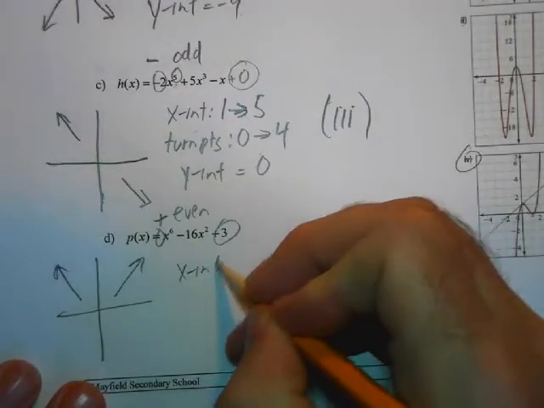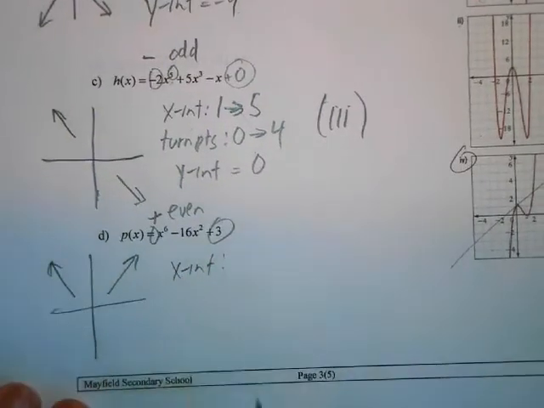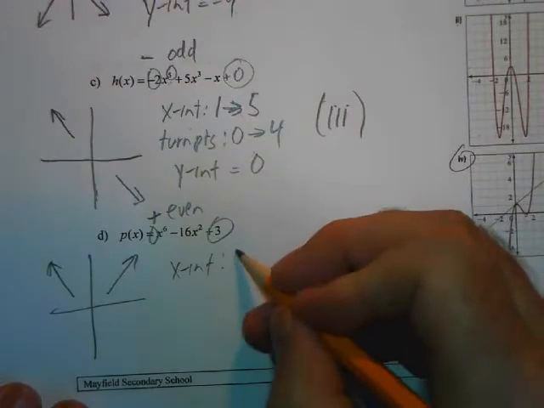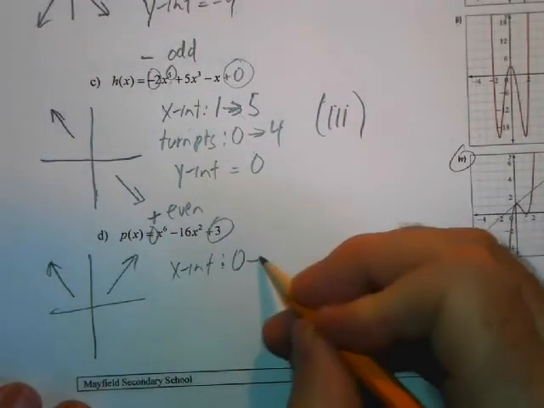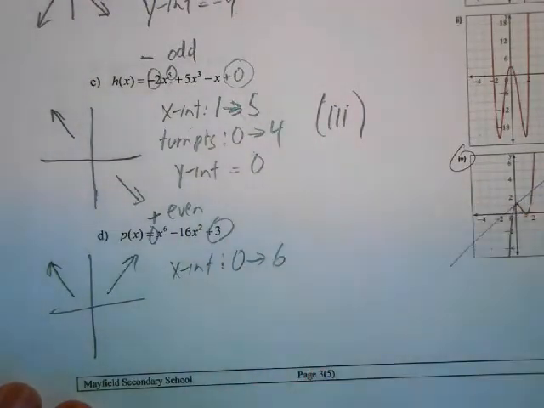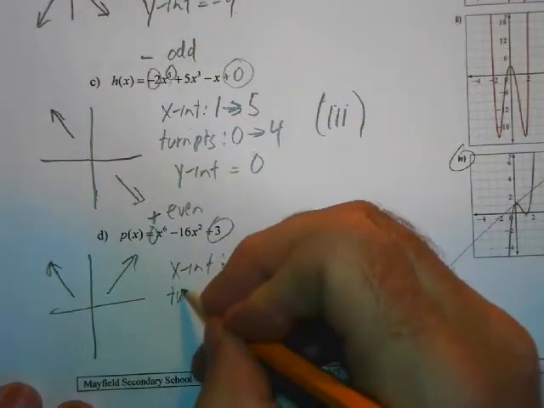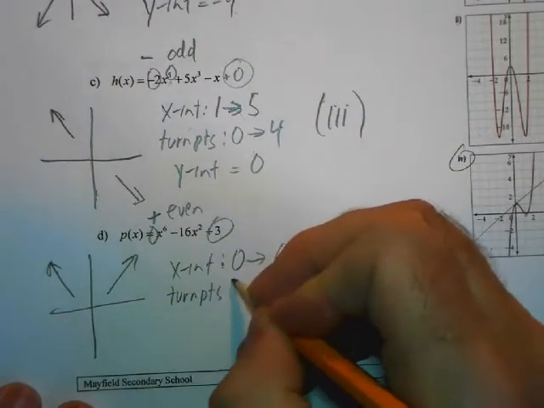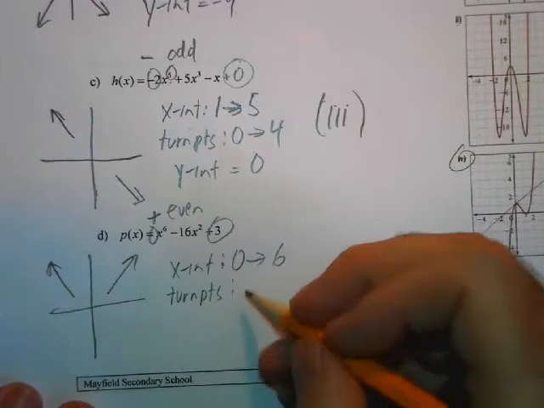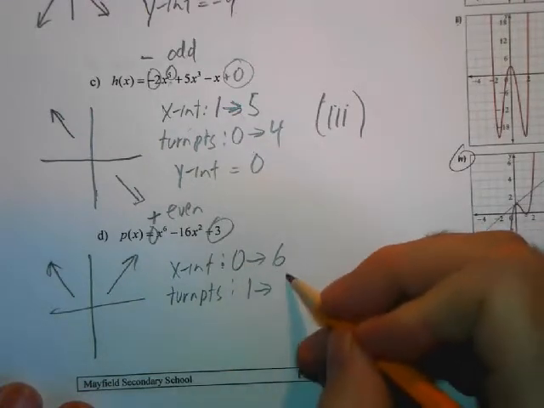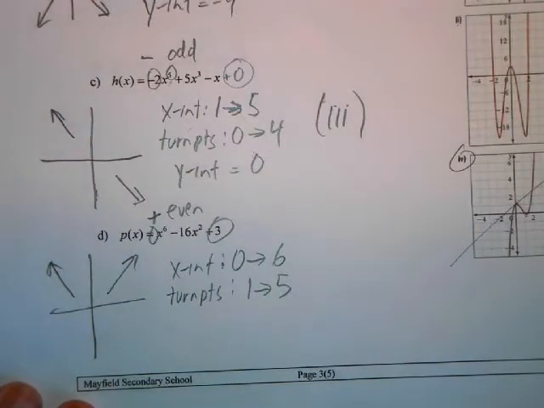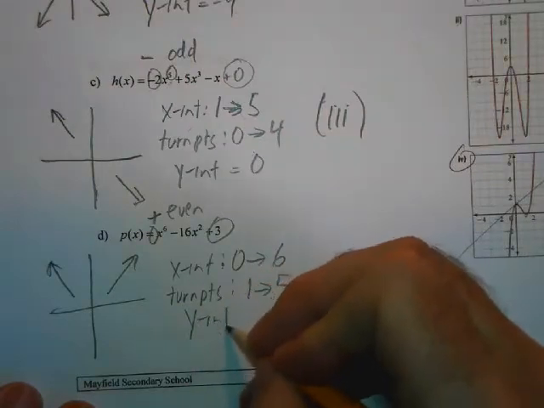X-intercepts. So remember, because it's even degree, it doesn't necessarily have to have any. It could have 0, and it's going to have up to the degree of 6 x-intercepts. Turning points, it has to have at least 1 because it has to turn, and it can have up to 1 less than the degree, and the y-intercept is 3.